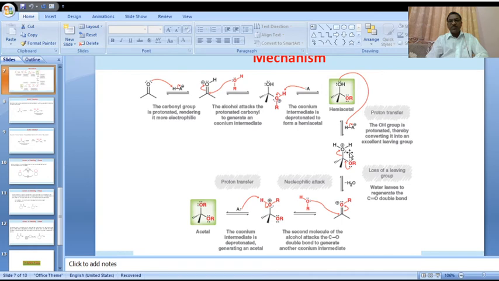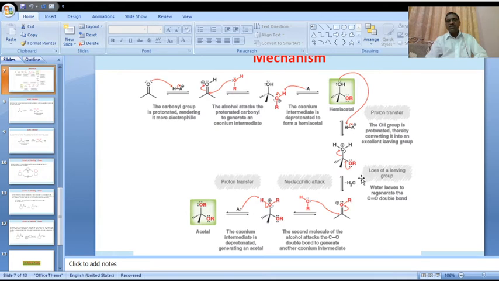From this, loss of the leaving group, loss of a water molecule. Here the C-O bond breaks and the water molecule leaves.